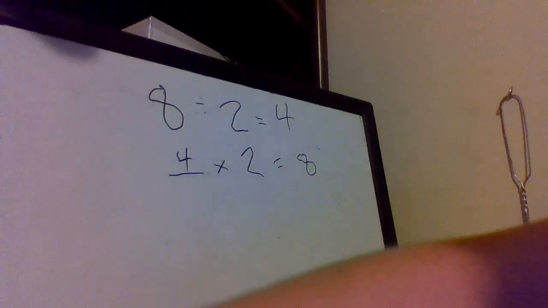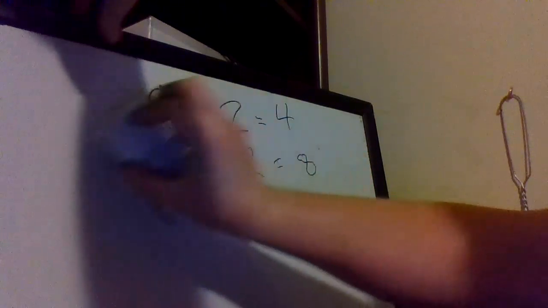Alright, so let's do another problem using our Legos. Because I don't know about you, but I think that was kind of fun. Alright, so since we have 20 Legos, we're going to use 16.